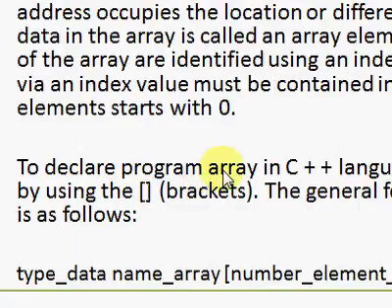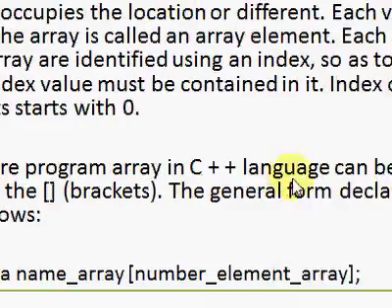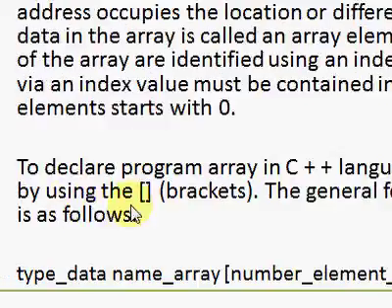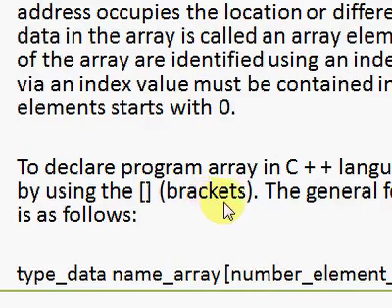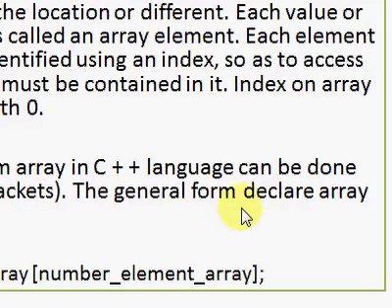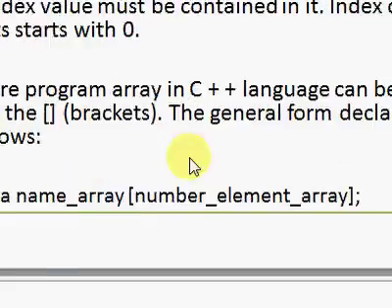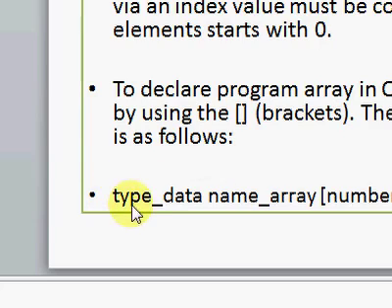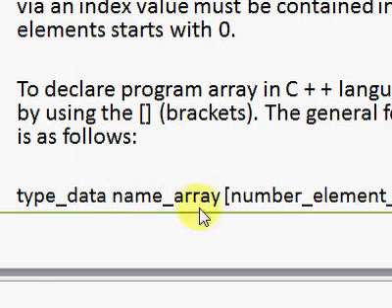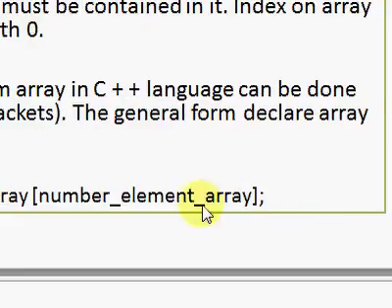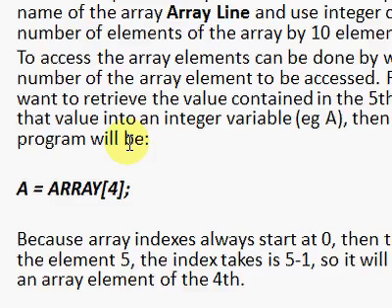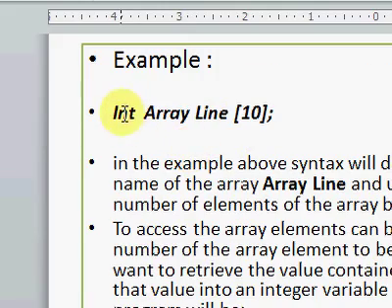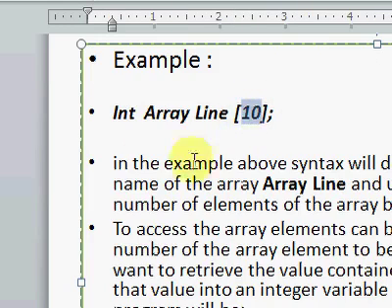To declare an array in the C++ language can be done by using square brackets. The general form to declare an array is as follows: data type, array name, and number of array elements.